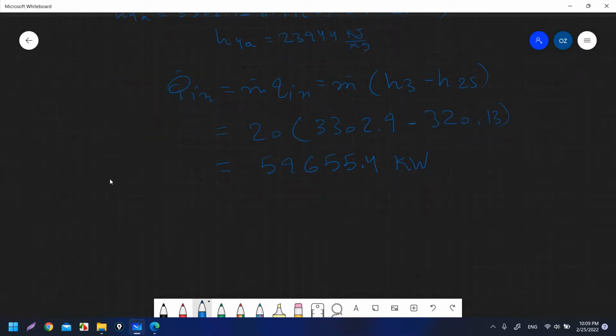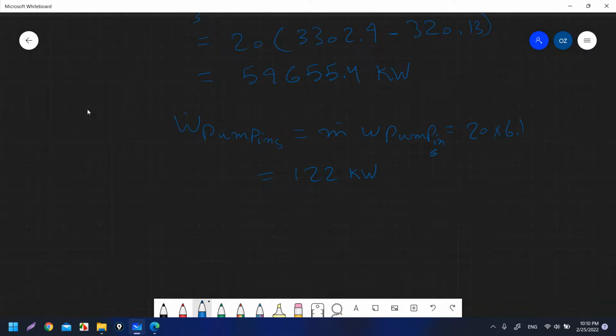For the work dot pump N, it is ideal, both of them ideal. It's equal to m dot times the small work pump N. M dot is 20, and we calculated this value to be 6.1, so it will be equal to 122 kilowatt.